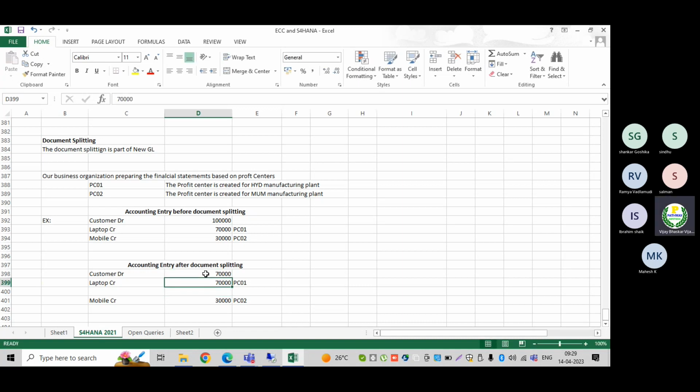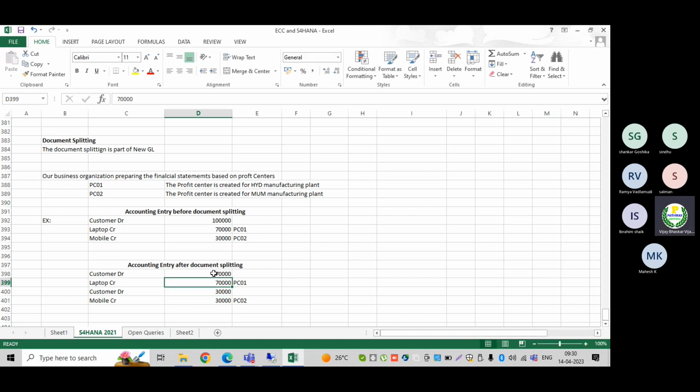Then here also customer. So the customer itself will split like this. It is splitting the line items itself. Again, the debit and credit are not matching.